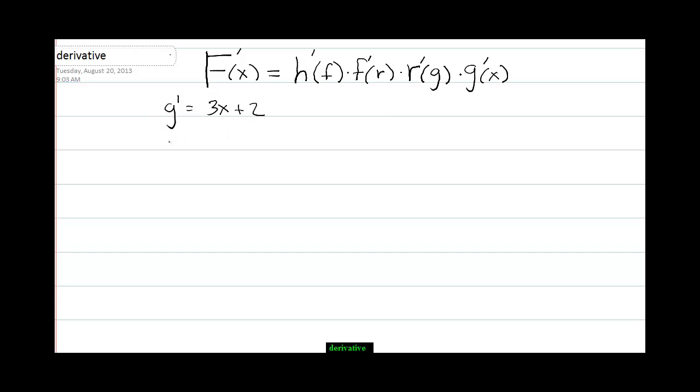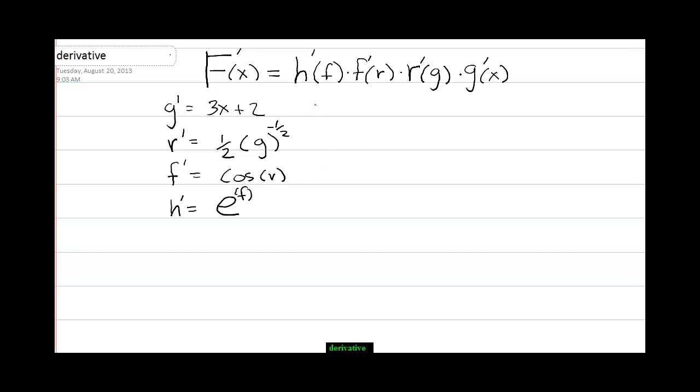We have r prime, that's equal to 1/2 of the g to the negative 1/2 power, and then for f prime we have the derivative of the sine, which is cosine of r, and for h we have h prime, we have the derivative being just simply e to the f.